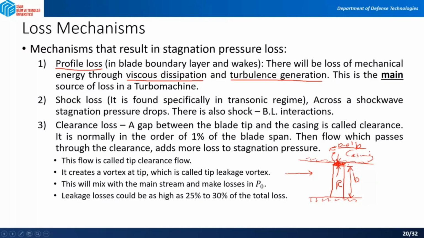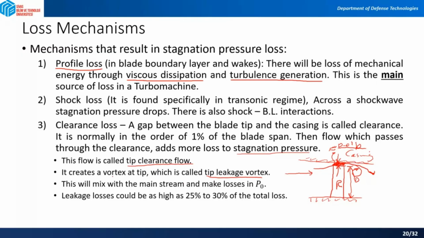And the flow which passes from here, we call it a tip leakage flow, or tip clearance flow, as you see here. This flow adds more loss to the stagnation pressure. When it is passing through here, it will create a vortex like this, and we call it a tip leakage vortex.